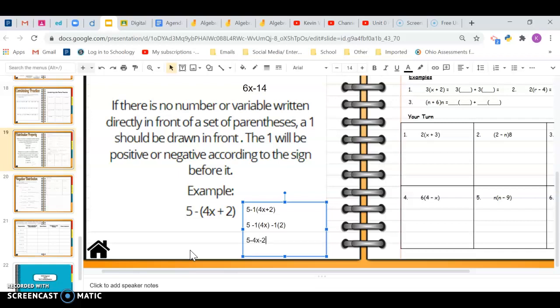So now that we have this, we also make sure that since we have things that we can simplify, we will simplify this. So we see we got a 5 in the front and a negative 2 in the back. I know that this could be simplified into 5 minus 2 minus 4x, which would be finally equal to just a simple 3 minus 4x.